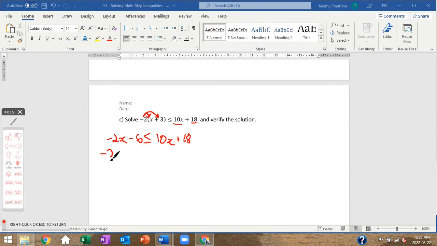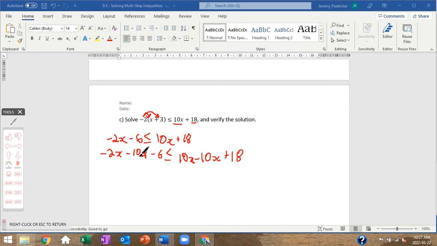So negative 2x minus 10x minus 6 is less than or equal to 10x minus 10x plus 18.